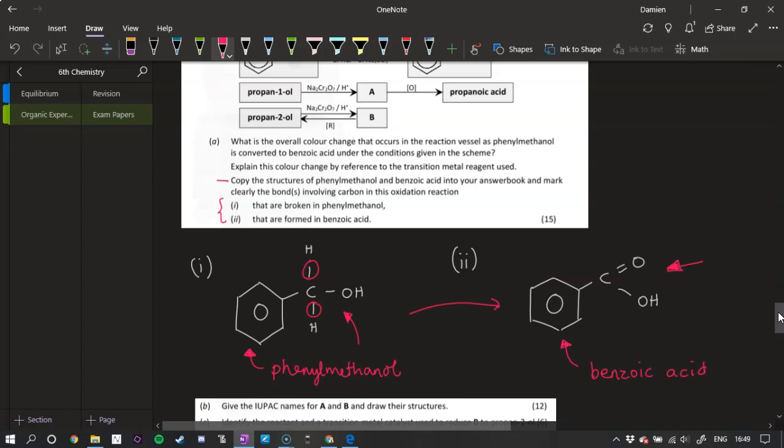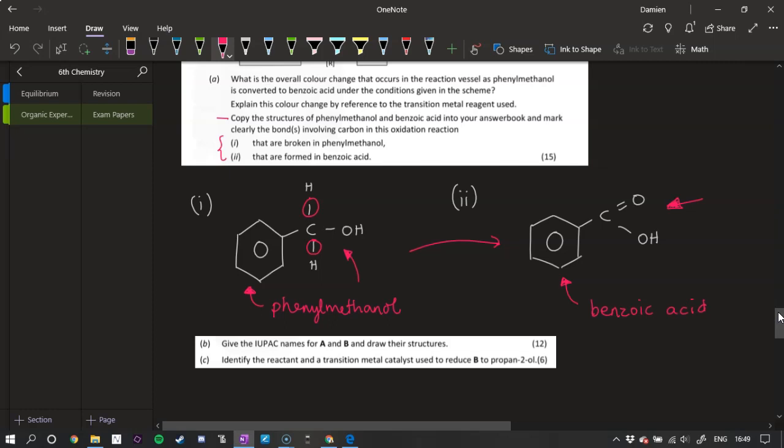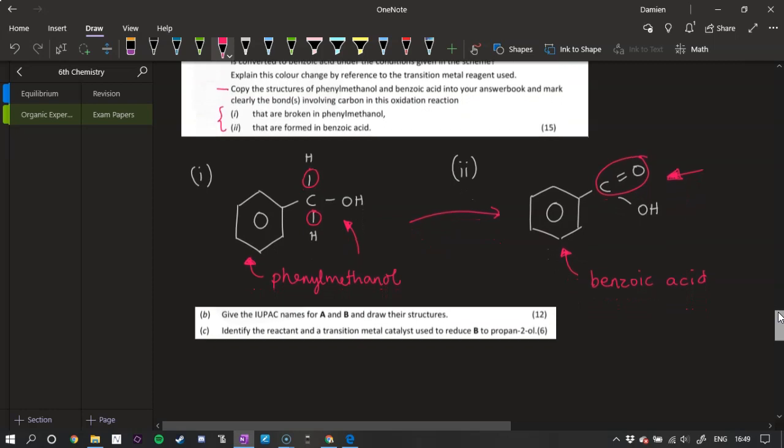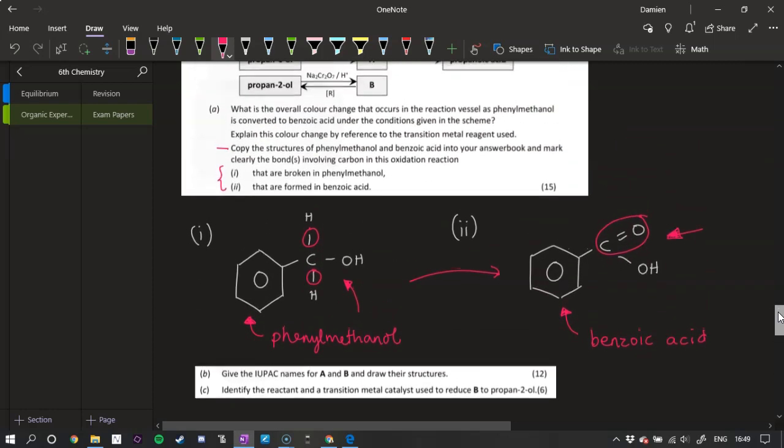And once those bonds are broken, then that forms your benzoic acid. It also wants you to identify which bonds are formed in benzoic acid, and that should be clear enough that this is a new structure. Obviously the OH remains constant in both molecules.